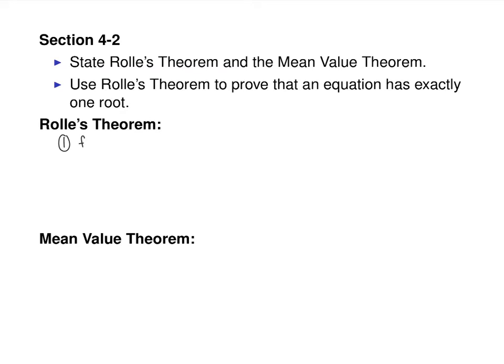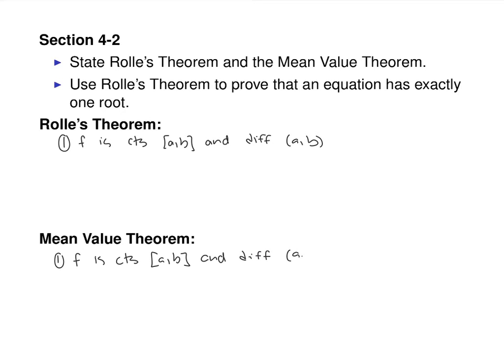You assumed you had a function f that is continuous on the interval from a to b and differentiable on the open interval. And that's the same thing for the mean value theorem. And I just want you to tell me that you know that those two things are necessary. Just that the assumptions are, okay, this function is continuous and differentiable. Just state that that's the case.